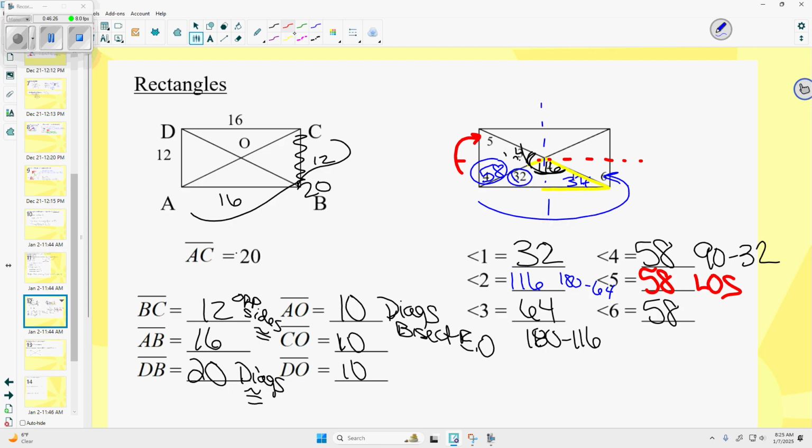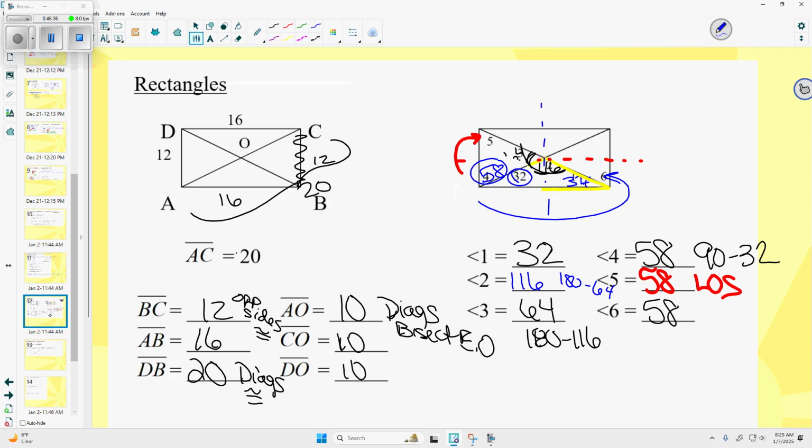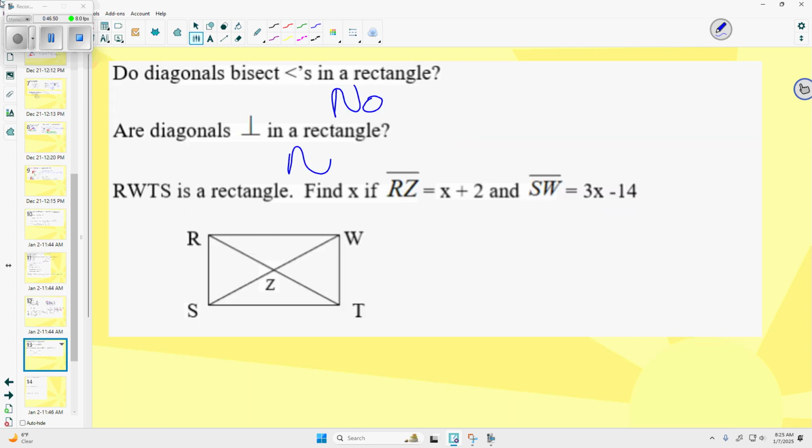Cut into equal parts. Is that cut into equal parts? No. So do diagonals bisect the angles in a rectangle? No. I'm going to go back to my example again. Are the diagonals perpendicular? Right here, do we have 90s? 116 and 64. Not 90s. Not perpendicular.